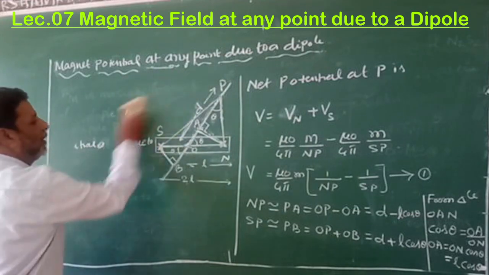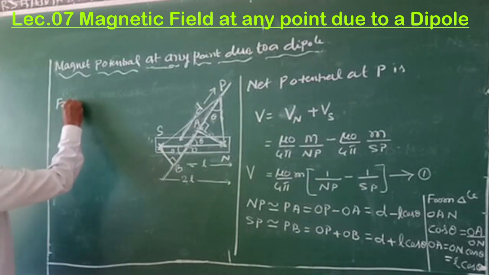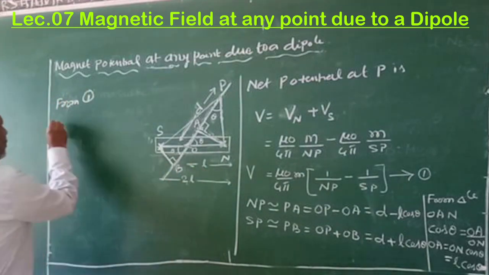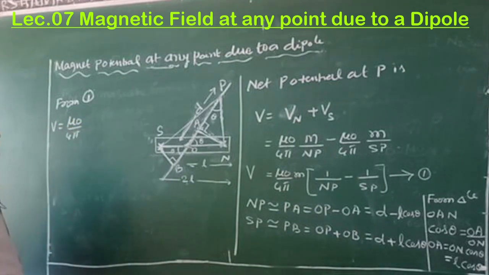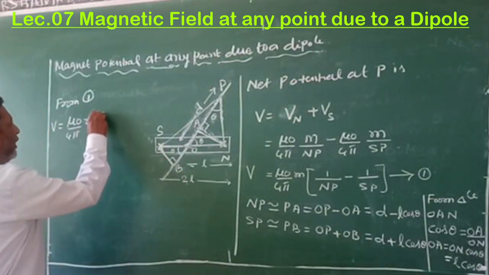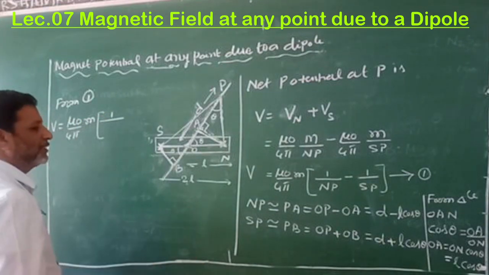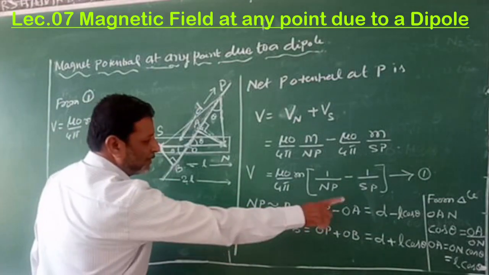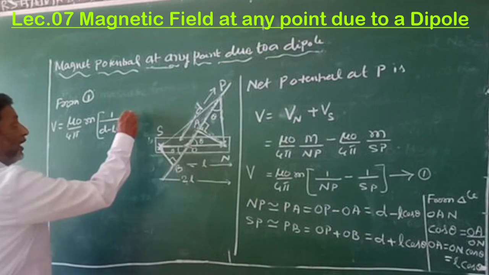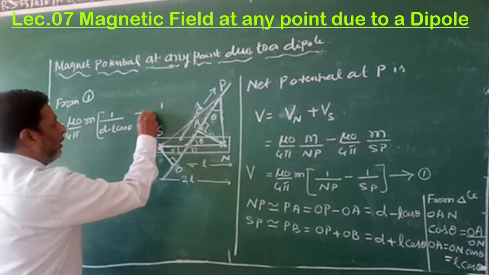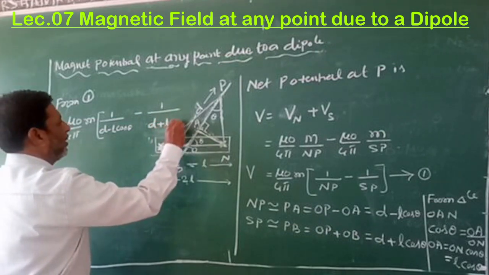From equation 1, V is equal to mu naught divided by 4 pi m into 1 divided by NP, which is D minus L cos theta, minus 1 divided by D plus L cos theta.